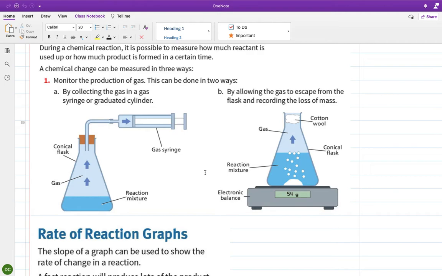How much reactant is being used up is the first one, or how much product is being formed is the second one. So this one here would be how much product is being formed.